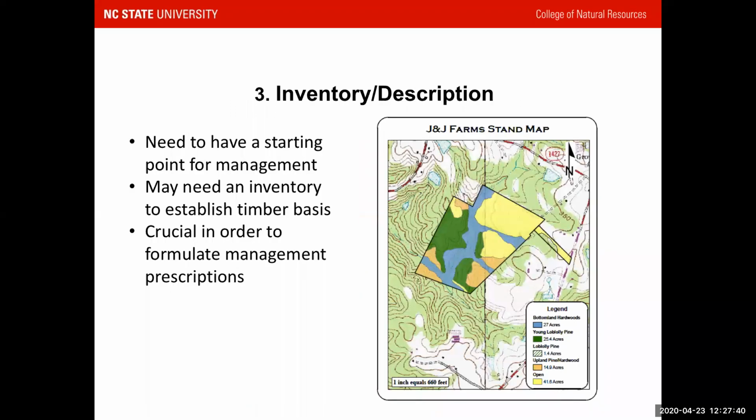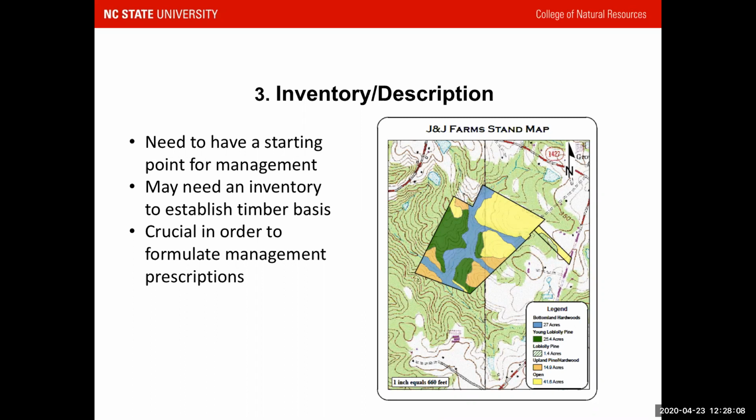The next thing you need to have would be your inventory or description of the stands that's on the property. And whether it's for the PUV program or just a general forest management plan, you need to have a starting point for the management. You may need an inventory to establish your timber basis, but it's crucial in order to formulate the management prescriptions.